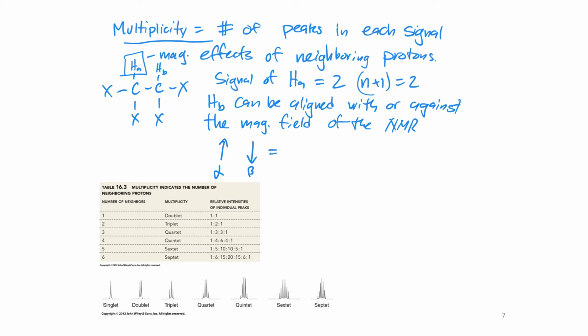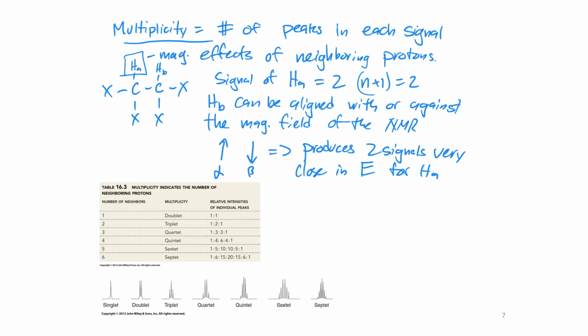We call that a beta, and this produces 2 signals very close in energy for HA. And so that's what we get when we have this doublet. These are actually 2 different signals from HA because it's affected either more strongly or less strongly by the magnetic field, because the adjacent hydrogen either adds to the magnetic field of the NMR spectrometer or it subtracts from the magnetic field of the NMR spectrometer. And so we get 2 signals separated by a very small amount, and that gives us this doublet.